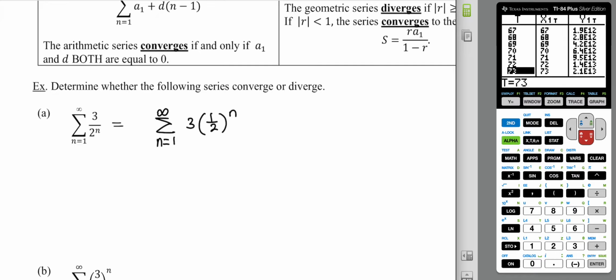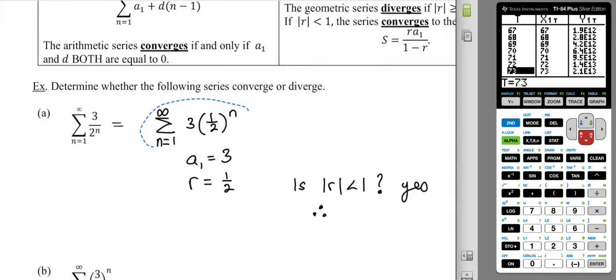But what we're looking at are the a sub 1 and the r values, but specifically whether or not the r value has an absolute value that's less than 1 or greater than or equal to 1. So is the absolute value of r less than 1? The answer is yes.